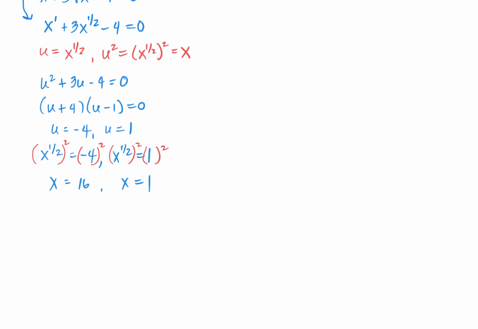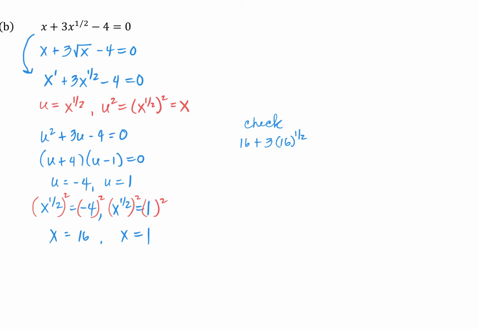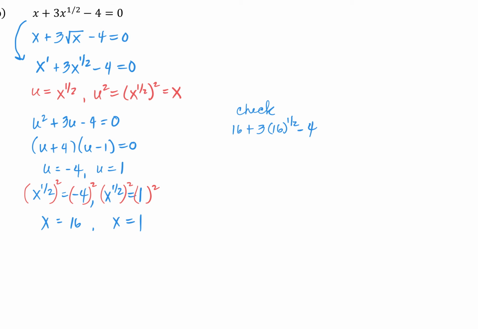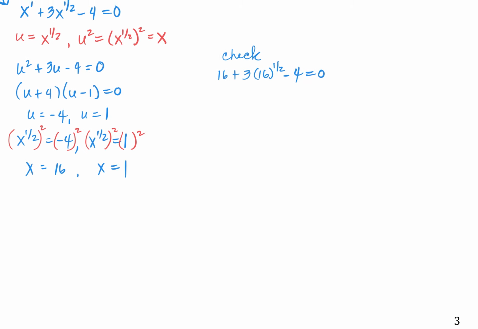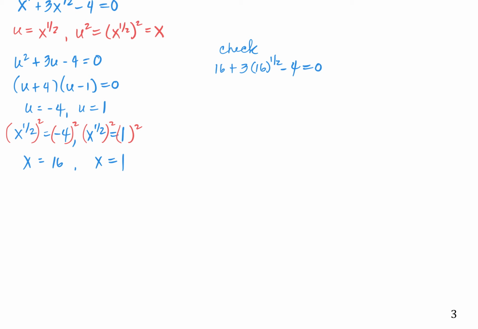When we check these solutions, if I put in 16, I will have 16 plus 3 times 16 to the 1/2 power, and minus 4. Sorry, I had to check my equation, equal to 0. Is that true? And the answer is no. This is going to be 16 plus 16 to the 1/2 is 4 plus 12. That's not equal to 0. So I can already tell that's not going to work, and I knew it wouldn't.